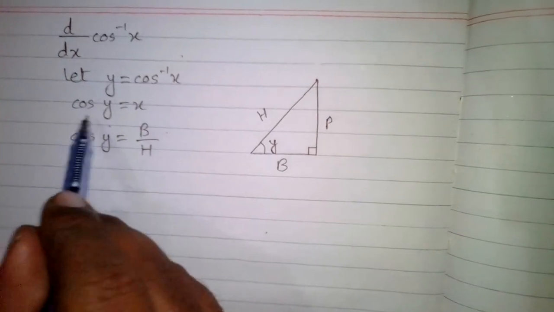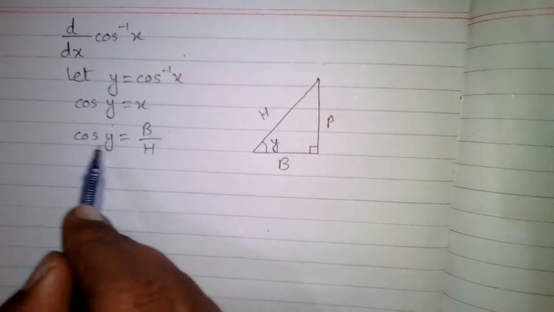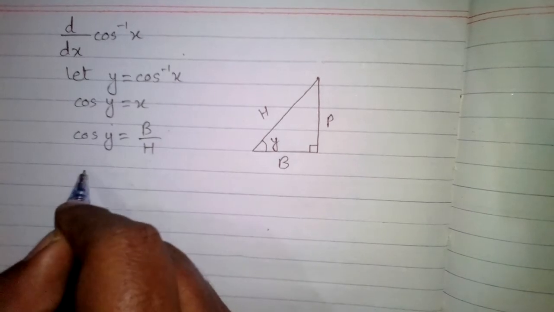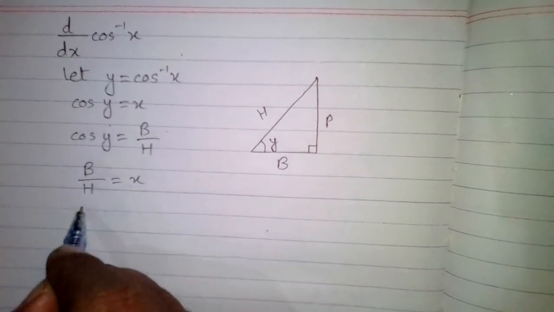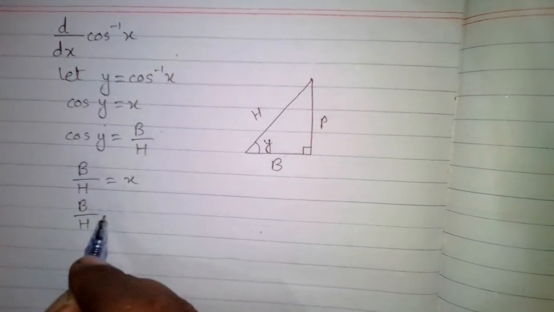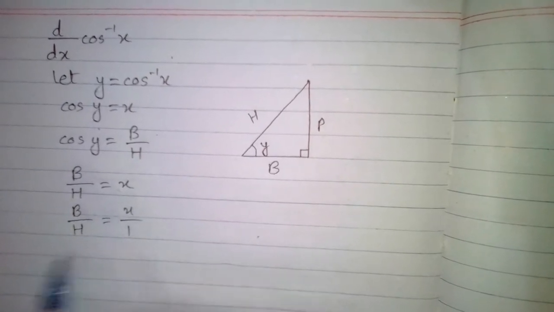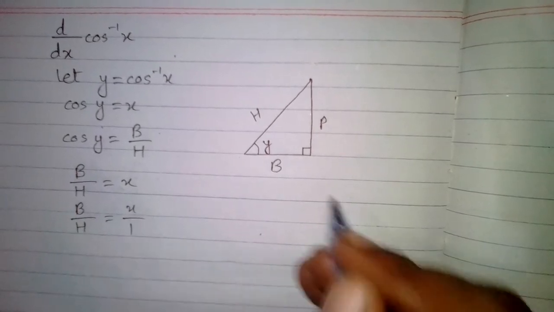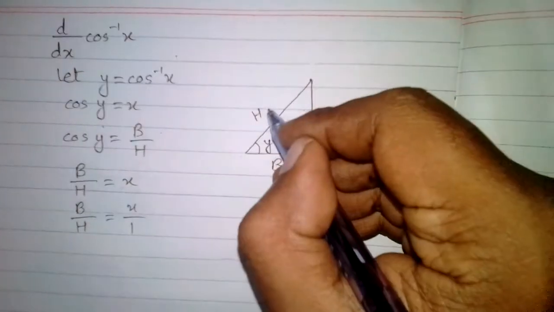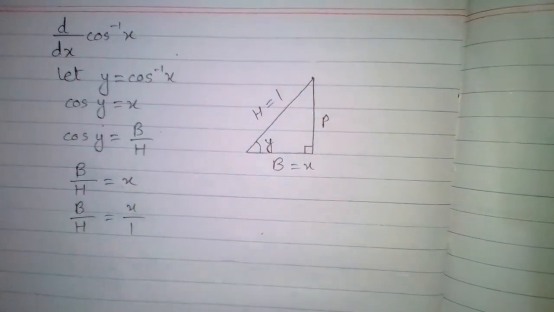Now since cos y is equal to x and cos y is equal to base upon hypotenuse, we can write base upon hypotenuse is equal to x upon 1. So we can deduce that base is equal to x and hypotenuse is equal to 1.